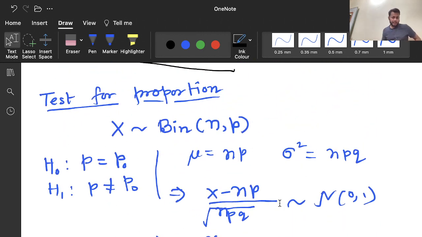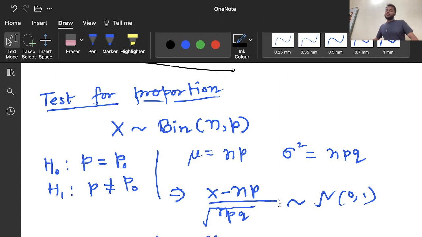Let me repeat it again. The proportion means, suppose you do n events, and out of the n events, how much proportion of it is x, or is some kind of event. Suppose there are two kinds of events, head and tail. So what proportion is head, from my observation?